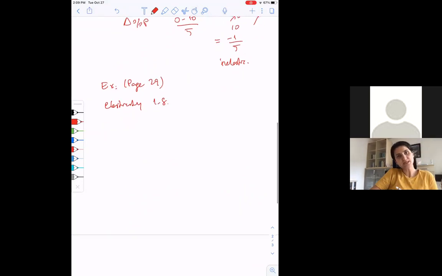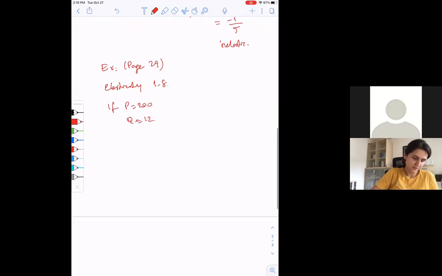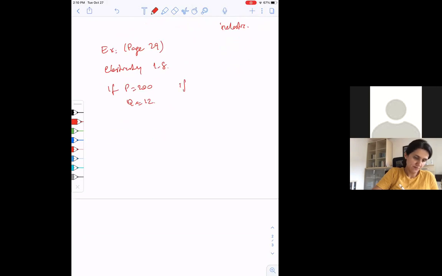It is given that if P equals 200, Q equals 12. If P prime is 250, you can find Q prime if you are given the elasticity.